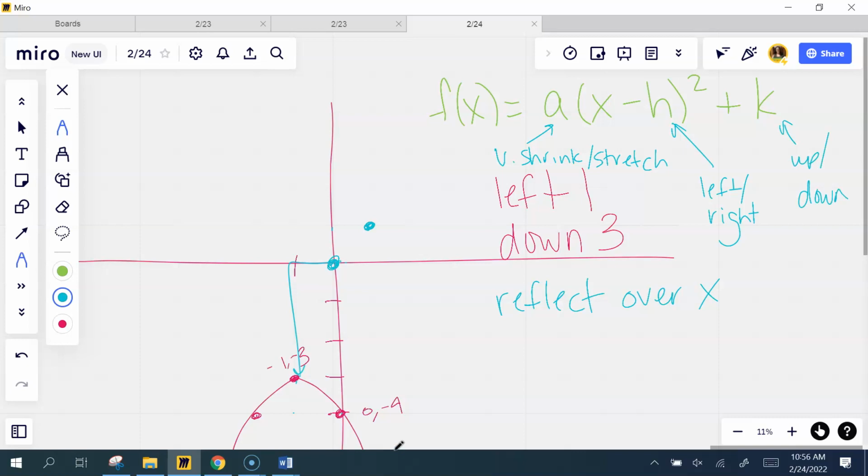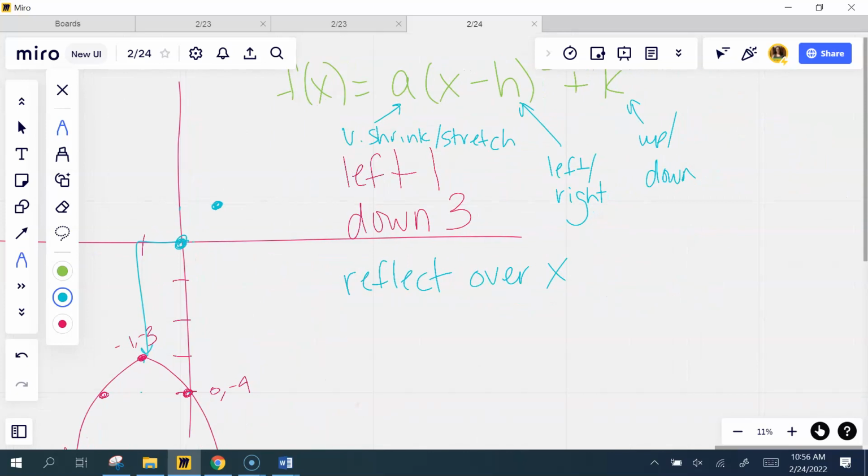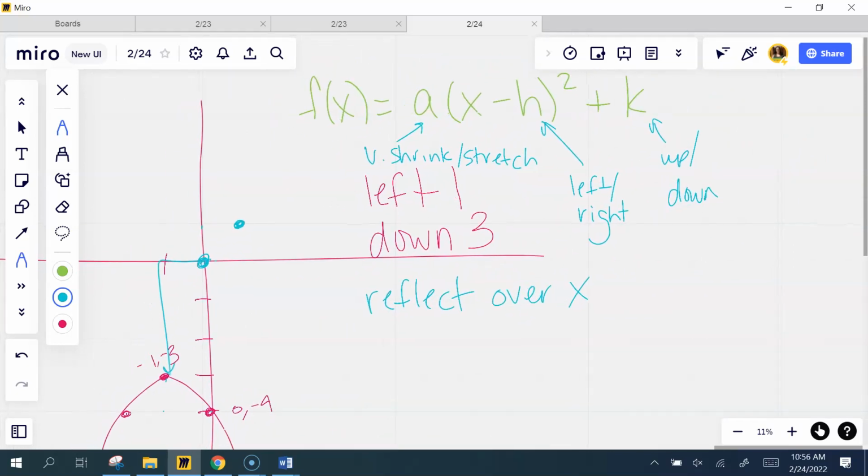Up, down. If there's no vertical shrink or stretch, if none, 1.